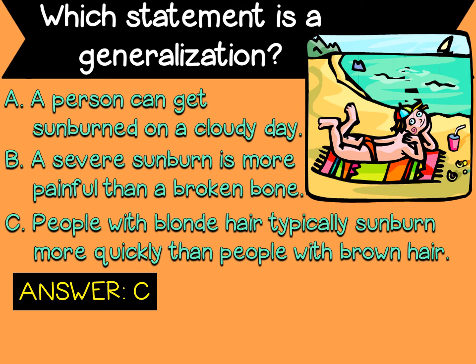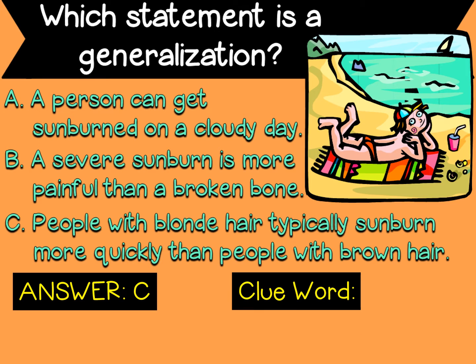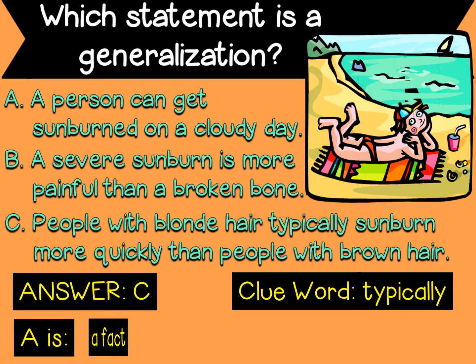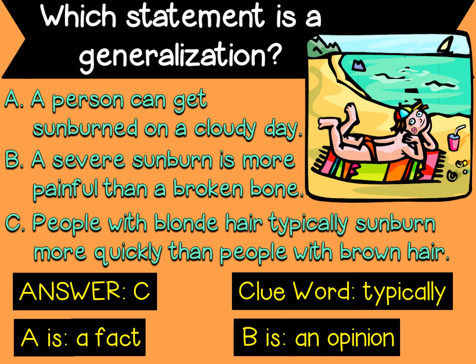The answer is C. People with blonde hair typically sunburn more quickly than people with brown hair. That is a broad statement. That's a generalization. What is the clue word? Typically. Very good. So which one is a fact? A is a fact. Very good. And B will be the opinion. Excellent.